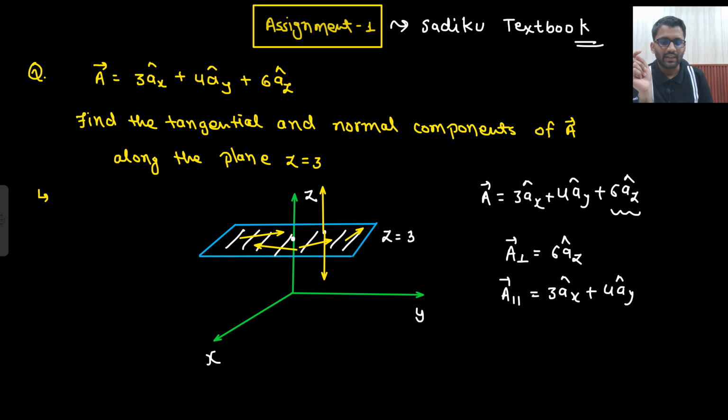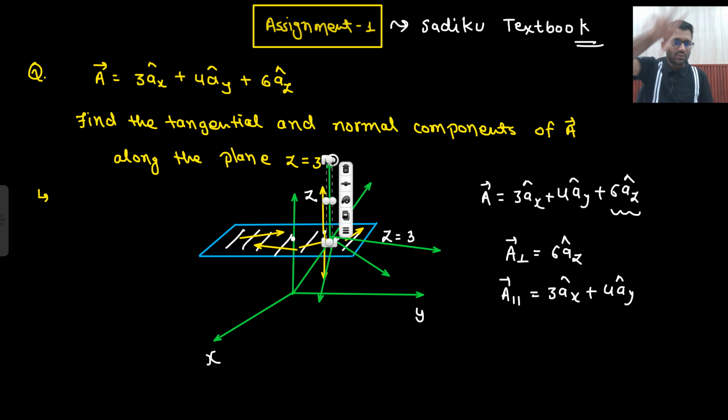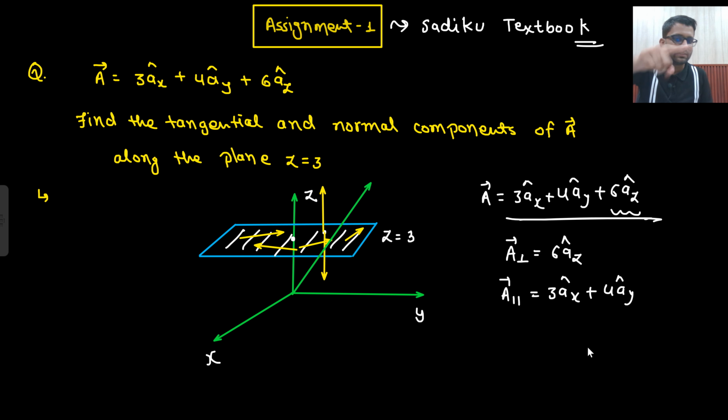What I mean to say is that your vector will be something like this, right? So parallel component will be this one in x direction and in y direction, and perpendicular component will be that in z direction. So this vector can be broken into three parts, 3 ax cap, 4 ay cap and 6 az cap.